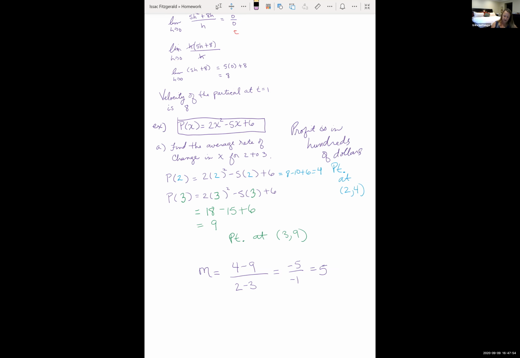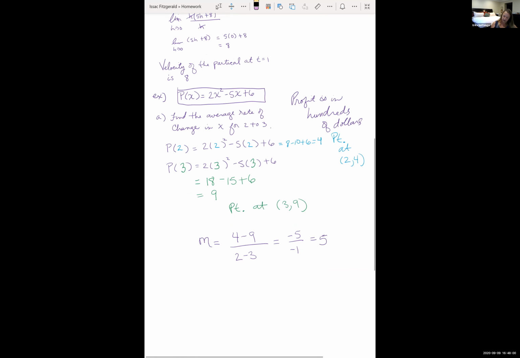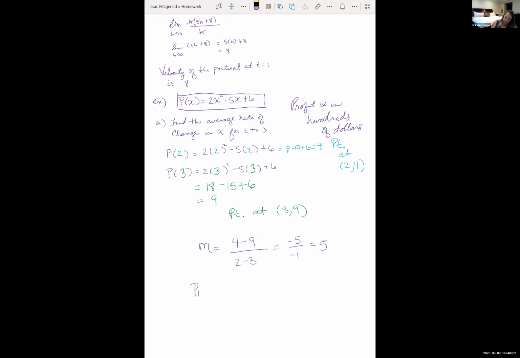So this is really dealing with a profit of 500. And it didn't tell me what the items were in terms of anything, just x items, between 2 and 3 items.